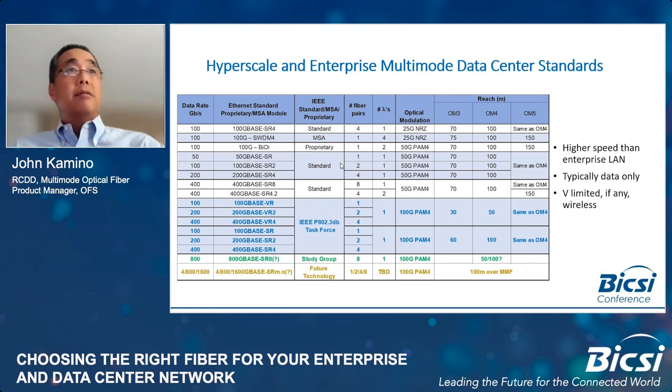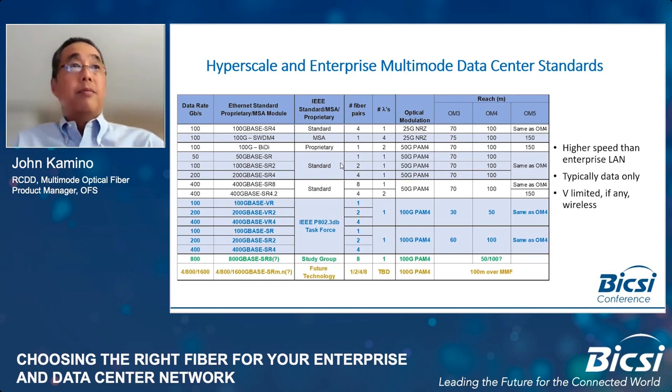We move now to some of the higher speed, hyperscale, and some enterprise multi-mode data center standards. And you can see how we're moving now from speeds that we were talking about, 1 and 10 and 25 and 50 gigabit, to now 100 gigabit standards, 200 gigabit standards, 400 gigabits, even 800 gig. And at the very bottom, we start talking about 1.6 terabit applications.